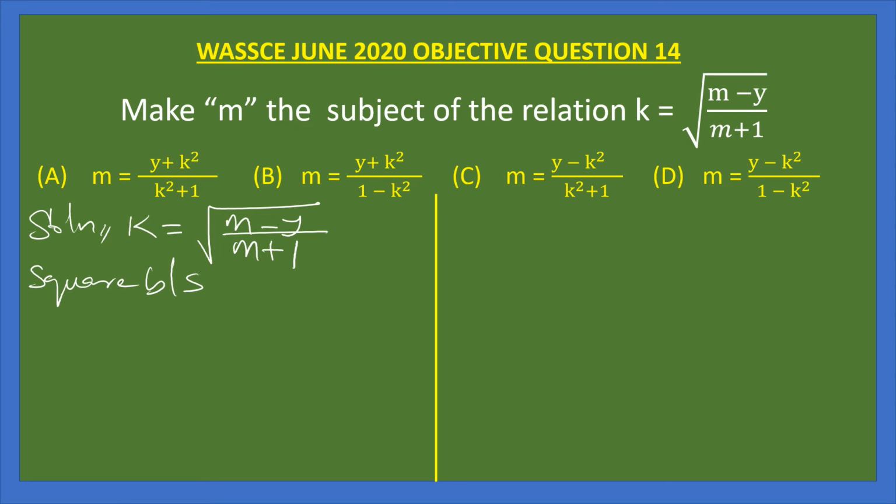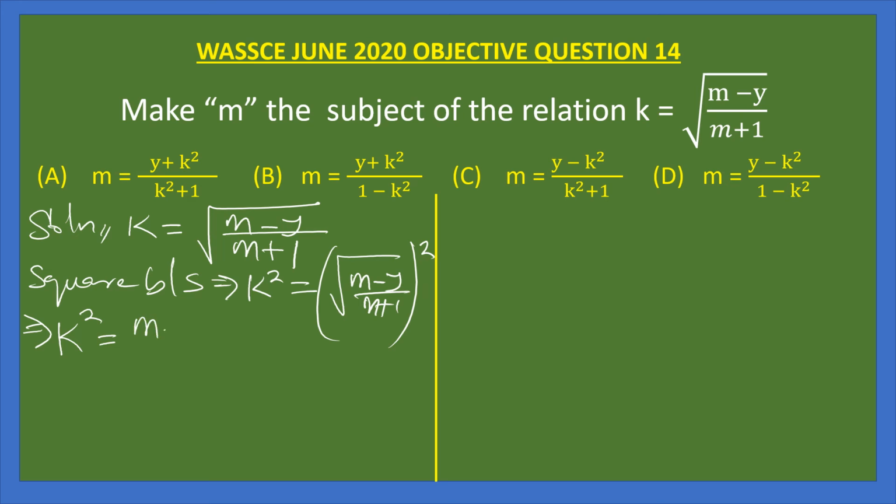Squaring both sides gives us K squared as equal to what? The square root of (M minus Y over M plus 1), all squared. Okay, now this implies that K squared is equal to (M minus Y over M plus 1) raised to half multiplied by 2.